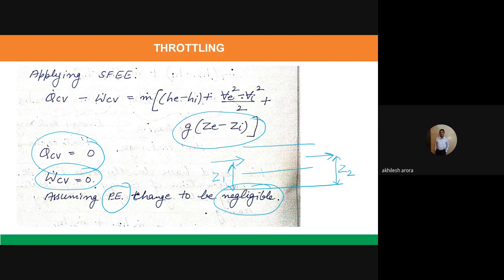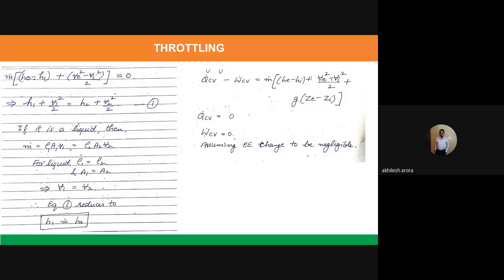So we can say in this equation, the term QCV will not be there, WCV is also 0, and the potential energy term is also 0. So basically we are left with only two terms here. We are left with m dot times (He minus Hi plus Ve square minus Vi square by 2).